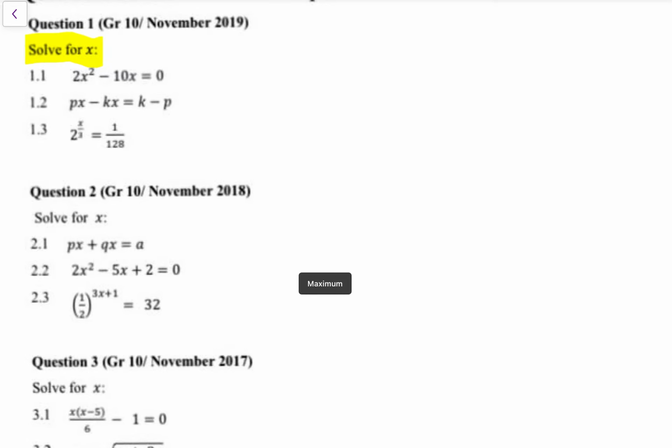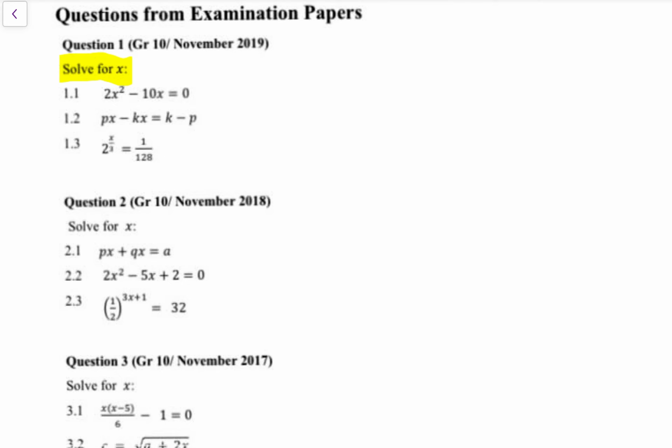Question 2 again, we have how many questions? We have 3 questions. The first one, again, we are required to solve for x. So question 2.1, we are given px plus qx is equal to a.